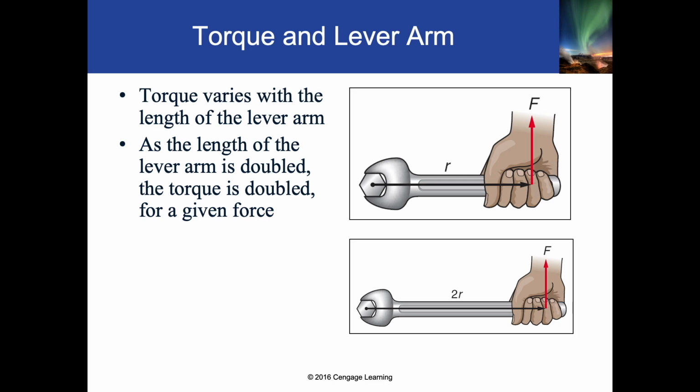Not too tight, but tight. The thing I want you to notice here is that as the length of the arm is doubled, the torque is doubled. So as the radius is doubled, the torque is doubled.